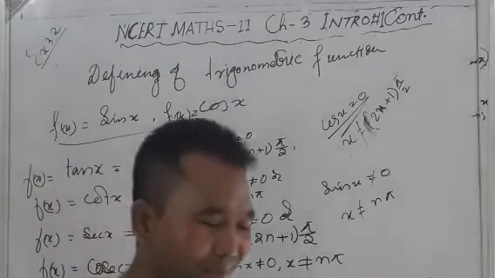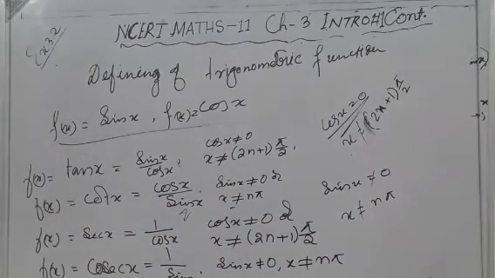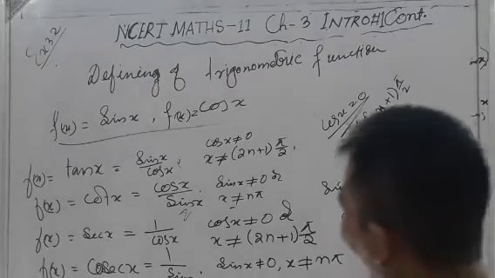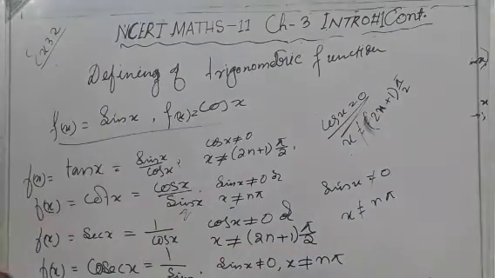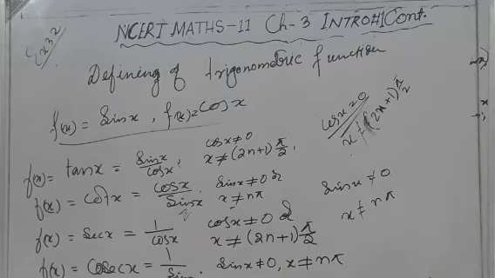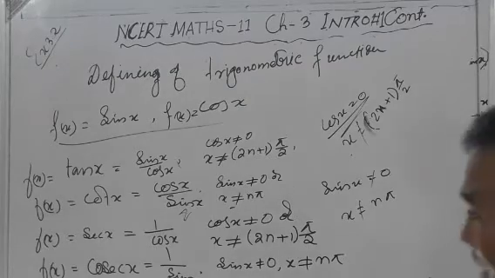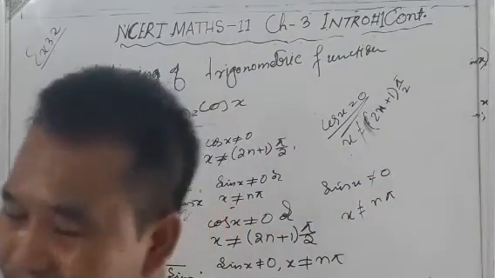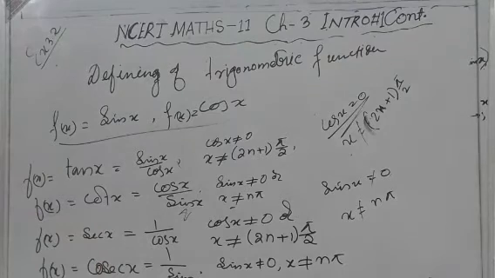So in the beginning, what was it called? Trigonometric functions. There is f of x equal to sin x, f of x equal to cos x, f of x equal to tan x, f of x equal to cot x, f of x equal to sec x, f of x equal to cosec x. Right? That was our main motto to study.